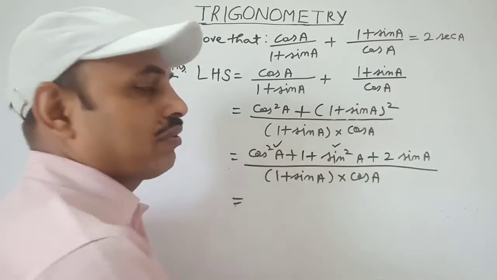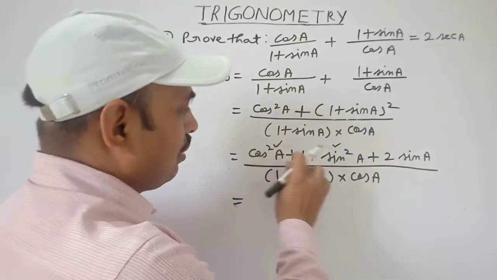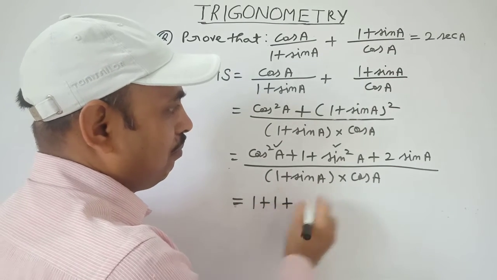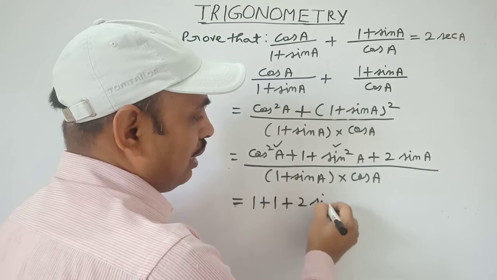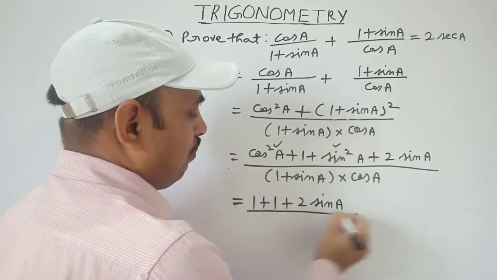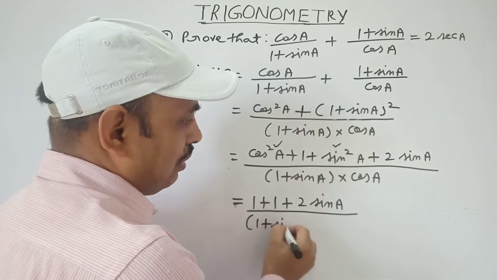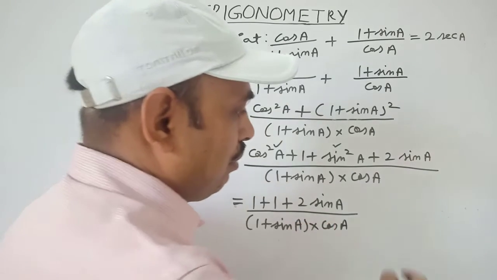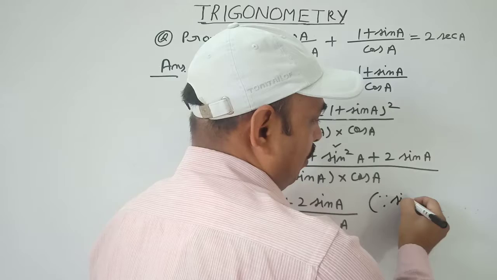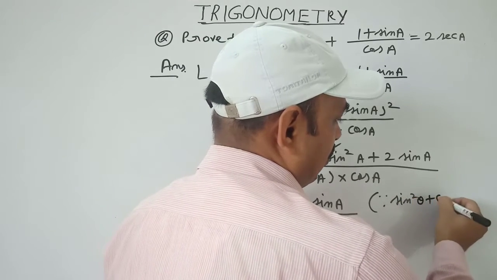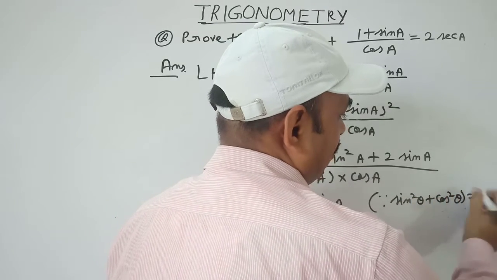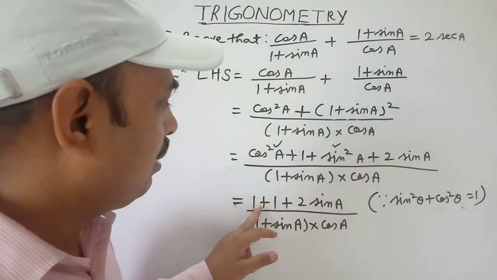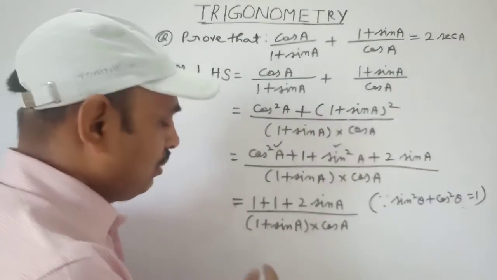Sin square A plus cos square A equal to 1. Sin square A plus cos square A is 1. So 1 plus 1 is 2.